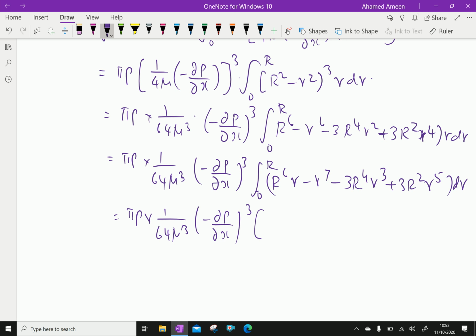After integrating with respect to small r and substituting the limits of integration, R and 0, we will get R power 8 over 2 minus R power 8 over 8 minus 3 R power 8 over 4 plus 3 R power 8 over 6.